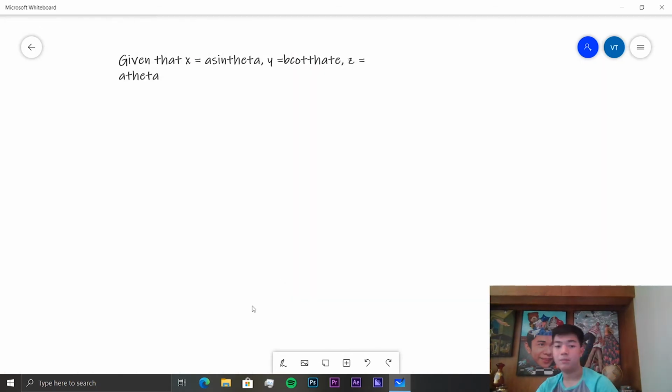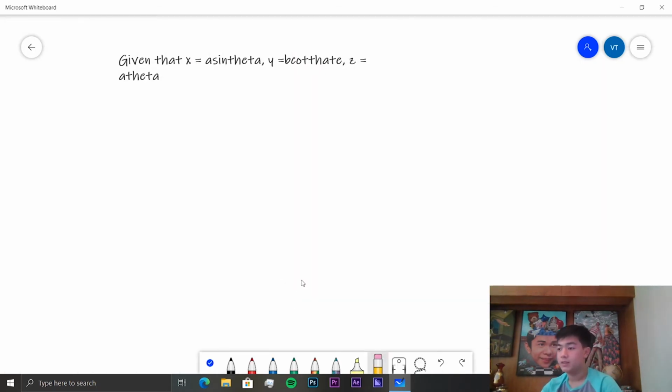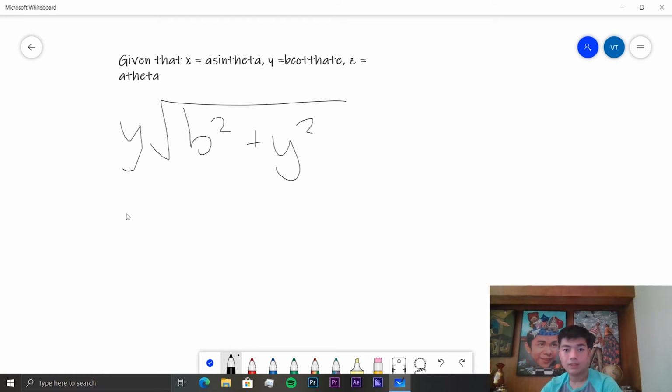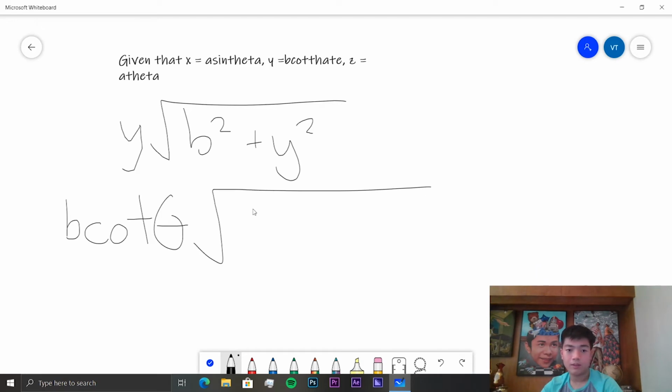We need to simplify y times the square root of b squared plus y squared. So this is equal to b cotangent theta times the square root of b squared plus b cotangent theta squared.